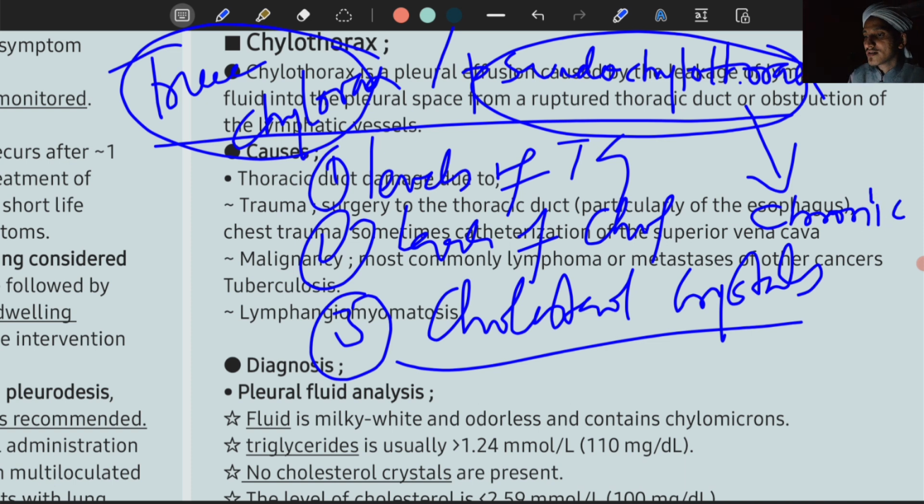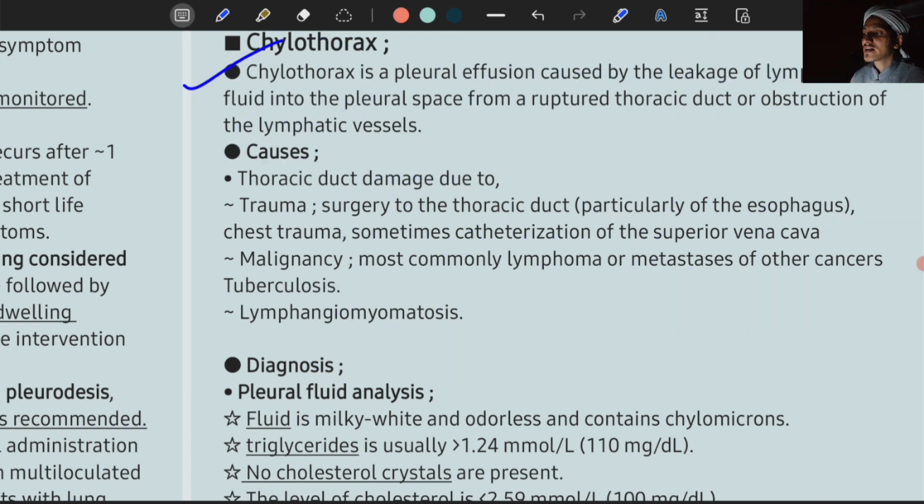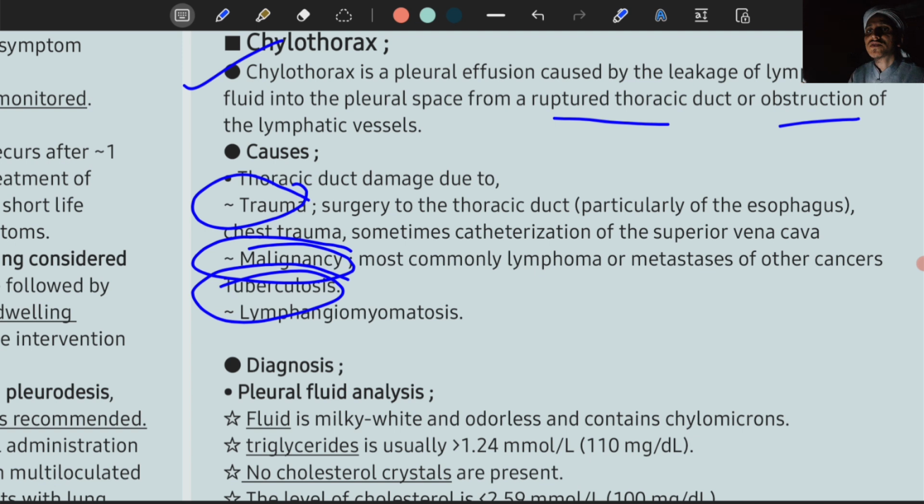Now, chylothorax is a pleural effusion caused by the leakage of lymphatic fluid into the pleural space, either due to rupture of the thoracic duct or due to obstruction of lymphatic vessels. What are the causes? Remember, the most common causes are trauma, malignancy, and tuberculosis. A lymph node compressing the thoracic duct or obstructing the lymphatic vessels can also cause chylothorax.